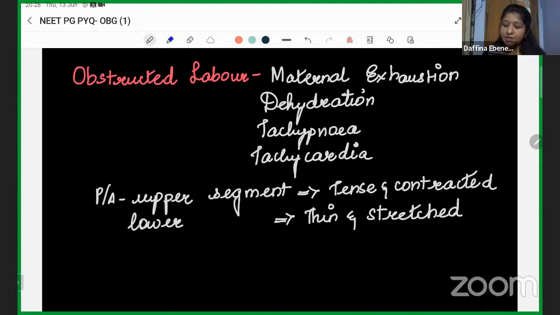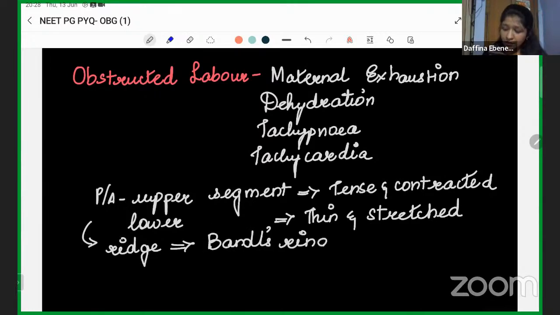As a result, you can feel a ridge between the upper and the lower uterine segment. This is called the Bandl's ring. Remember, this is felt on per abdomen examination. I'm going to tell you about one other form of ring that you can feel only on per vaginal examination. So this is felt on per abdomen examination, Bandl's ring, or the retraction ring.